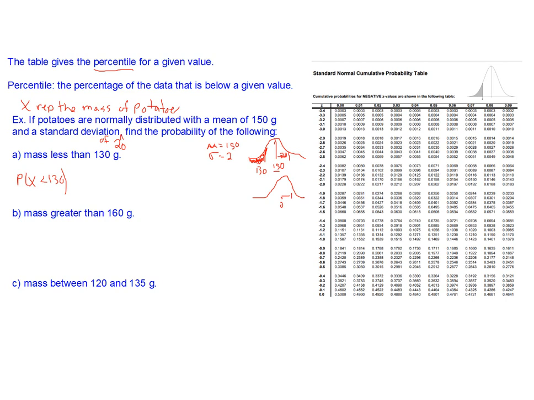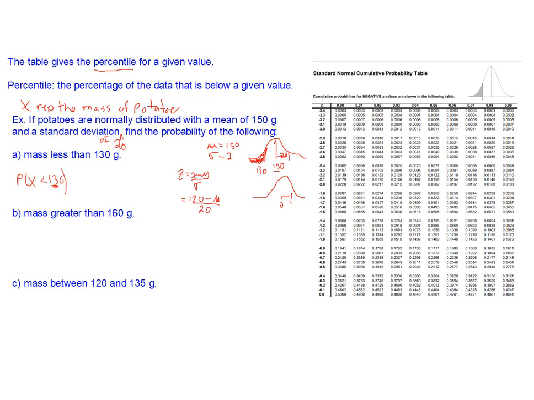So what we need to do is convert this 130 to a z-score. So we use that z-score formula. Z is equal to X minus the mean, divided by the standard deviation. In this case, the X value is 130, our value here that we're trying to find. We subtract the mean from that, and we divide by the standard deviation, which is 20.